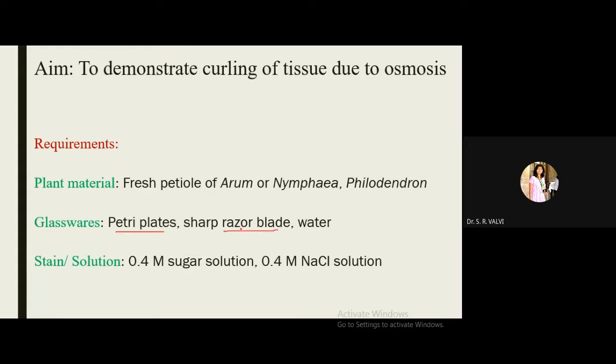Because we have to cut the petiole to show this curling experiment. Then solutions: we are not using any kind of stain. The solutions are 0.4 molar sugar solution and 0.4 molar NaCl solution.